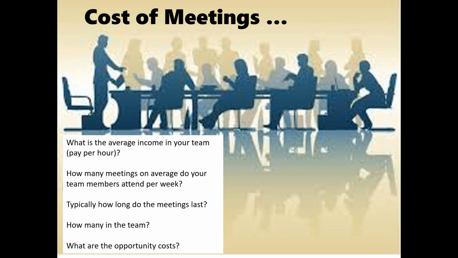Now, some of you, of course, have got access to people's diaries, and that can make it very easy, but it's not hard to work out the amount of hours that people will spend on average in meetings each week. And then you work out typically how long each meeting lasts. Is it 1 hour? Is it 2 hours? It's normally one or the other. And then you might ask yourself the question, how many people have I got in my team?